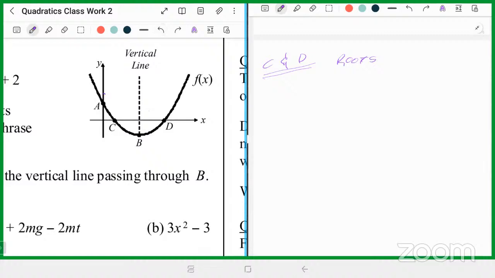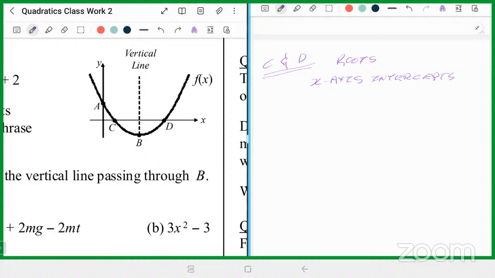So just as this is the y-axis intercept, these two can be called the x-axis intercepts. That's another name for them.